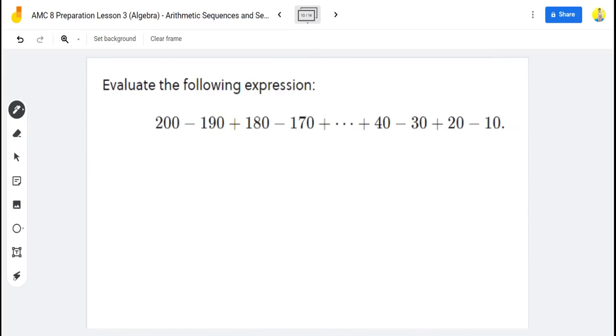Evaluate the following expression: 200 minus 190 plus 180 minus 170 plus on plus 40 minus 30 plus 20 minus 10. To solve this expression, we basically see that the number of multiples of 20 that there are corresponds to the number of pairs that there are.